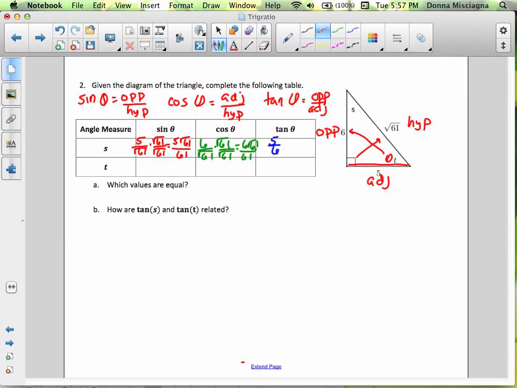All right, so now let's find the trig ratios here. Sine is now going to be, so opposite is now 6. So it'll be 6 over the square root of 61. And again, we'll rationalize. I'll write it out, but I think you might recognize the answer is going to be 6 square roots of 61 over 61, because I think we've seen that somewhere before.